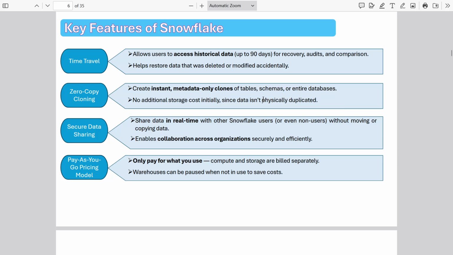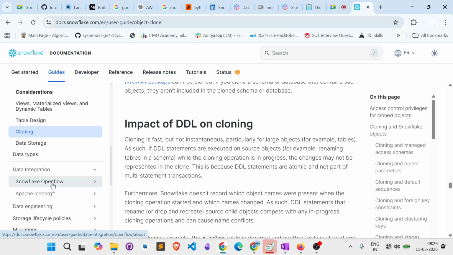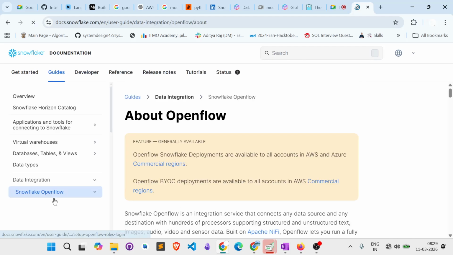To understand the meaning of physically duplicated, I have given the example of Google Drive: in a single place, access is shared with multiple users, and the data is not replicated every time, isn't it? Data is stored in only one place, no physical duplication is happening, only the accessibility is increasing. So you can also follow this documentation for your work.